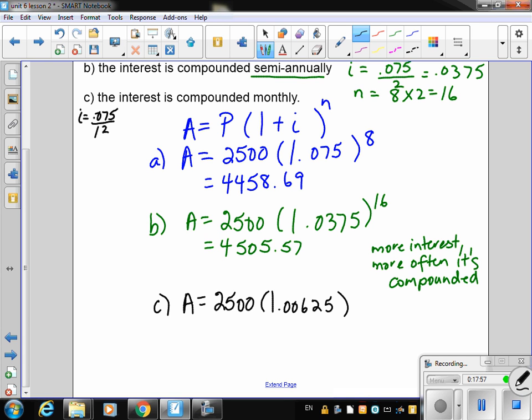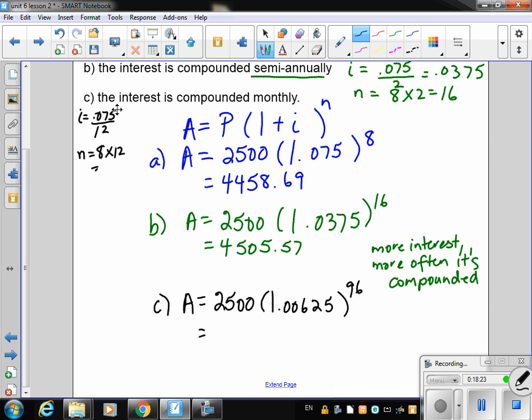My N value is how often they give her interest, and that's going to be for 8 years. Every month, they are going to give her interest. It sounds like it's a gift, doesn't it? 8 times 12 is 96 times they're going to put some interest in, but a very, very tiny rate, because that's only a monthly rate. $2,500 times 1.00625.